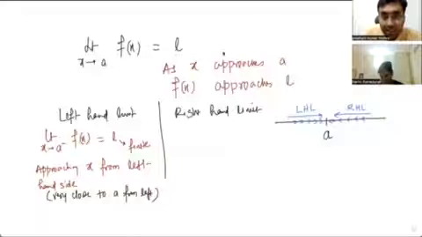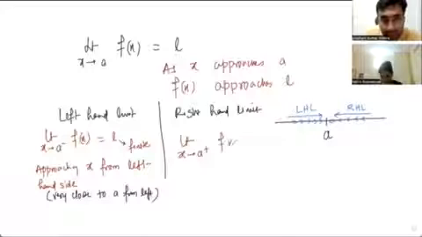Now, next one, it can be limit x tends to A plus, f(x), and let us say it is giving me L. Again, it should be a finite number. So that basically means the same thing, approaching x from the right hand side. We should know it.